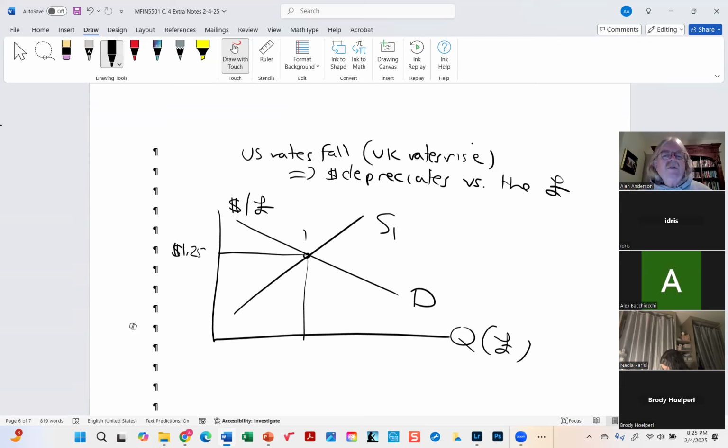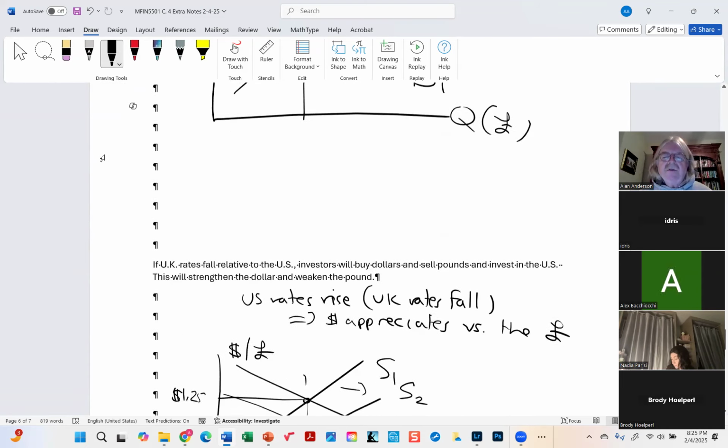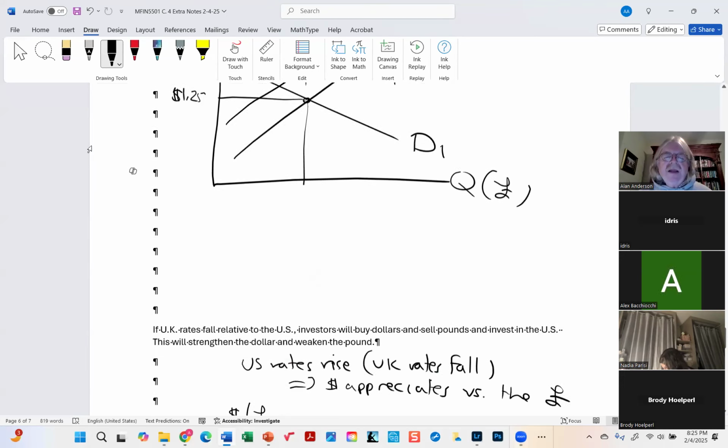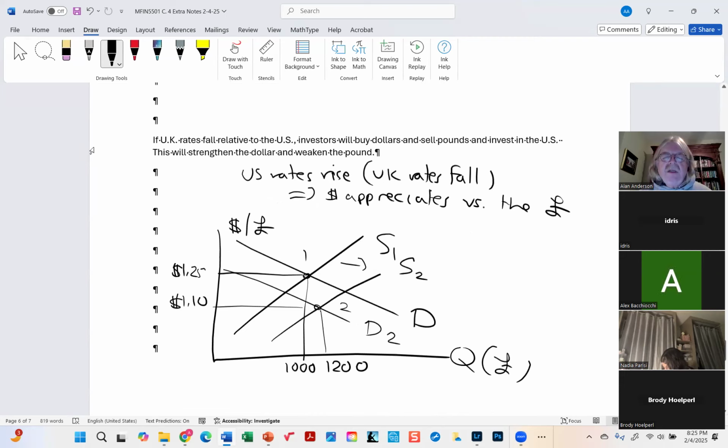All right, so here's what it would look like. Instead of the supply of pounds going up, it goes down. And instead of the demand for pounds going down, it goes up.